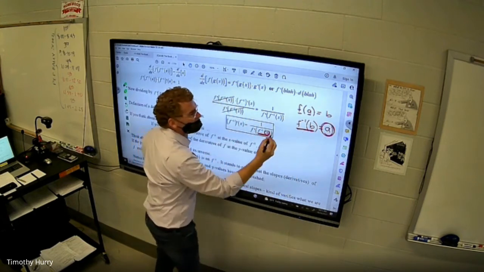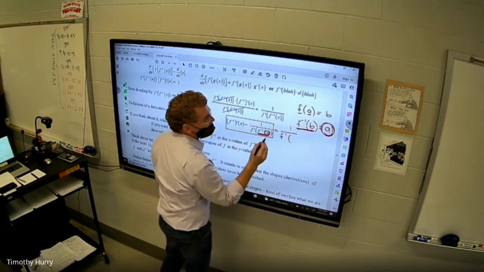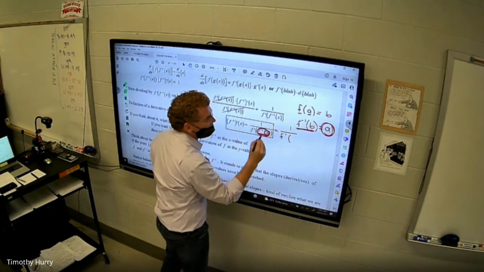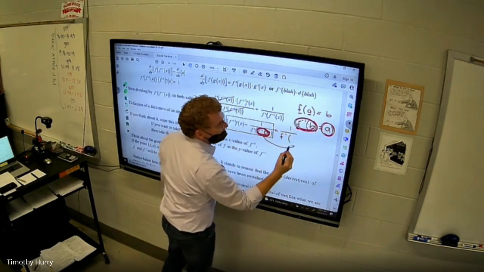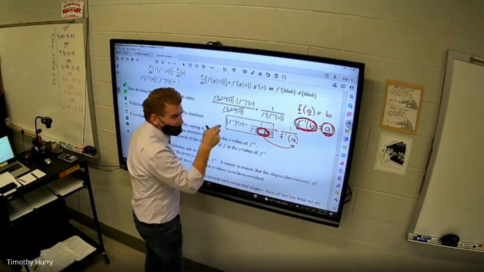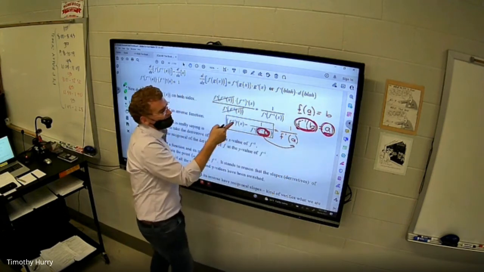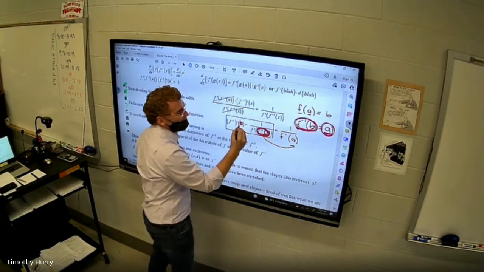So this is the same thing as, if this right here is this, then I've got to replace it with the a. So this problem is basically saying the derivative of the inverse at b is this.